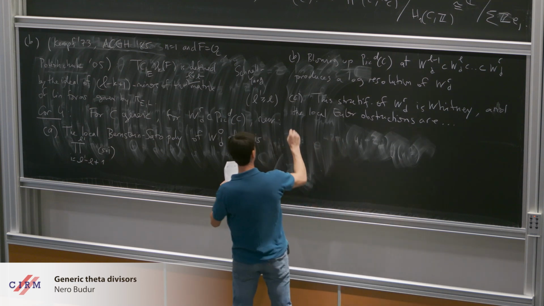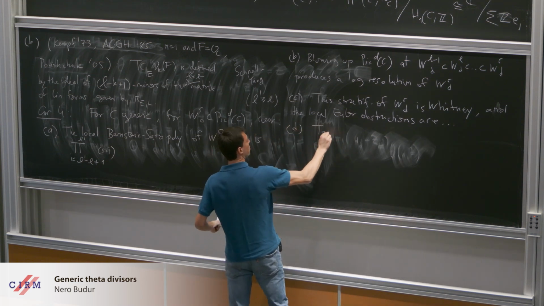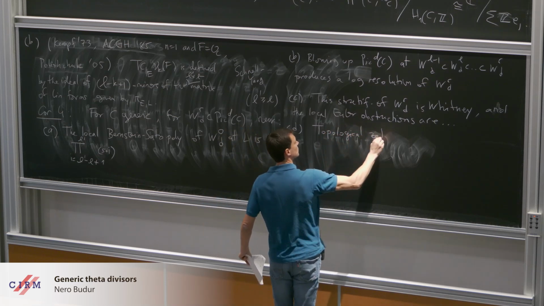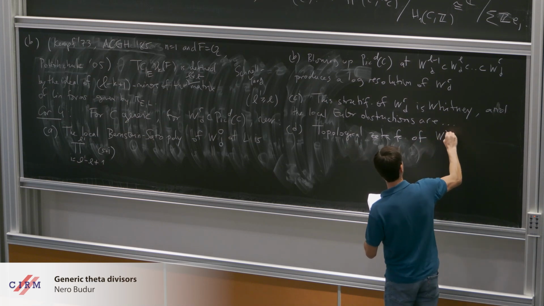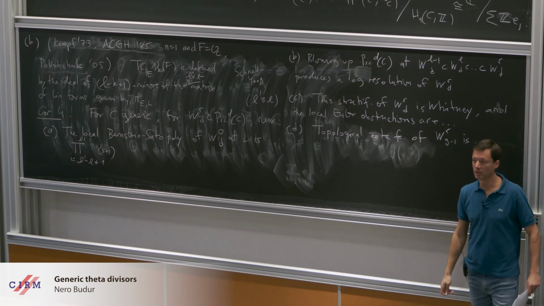What else do we know? We know that the topological zeta function of W^r_{g-1} is, we have an explicit formula for this.